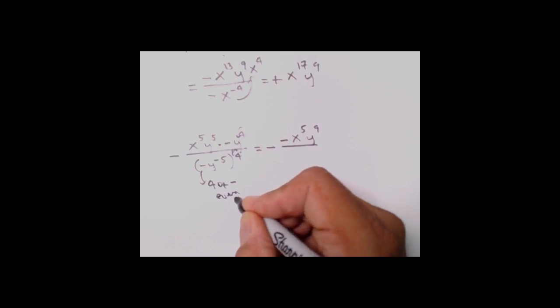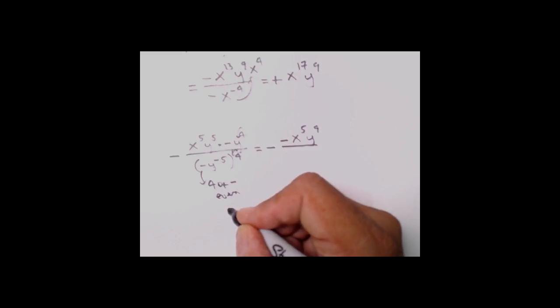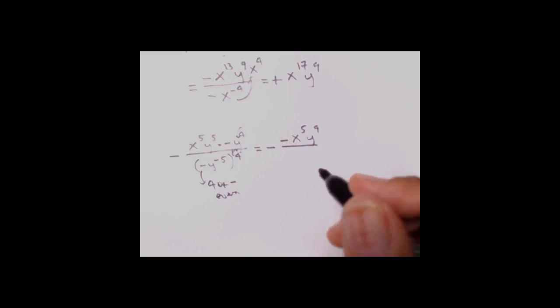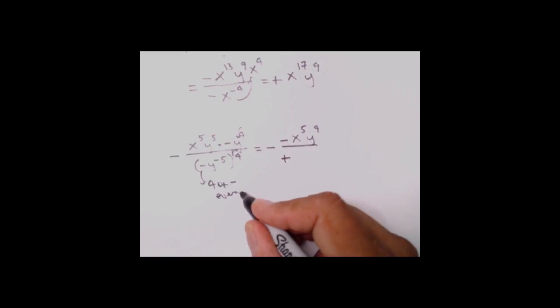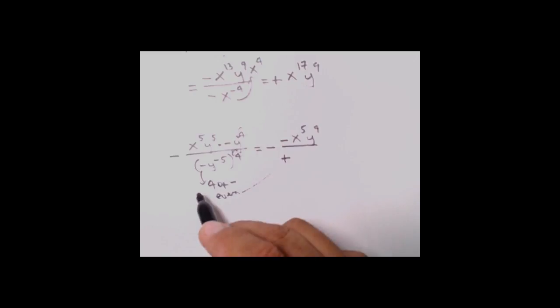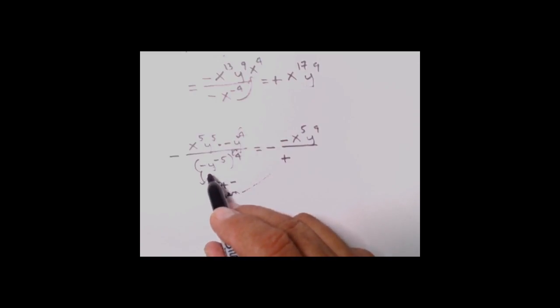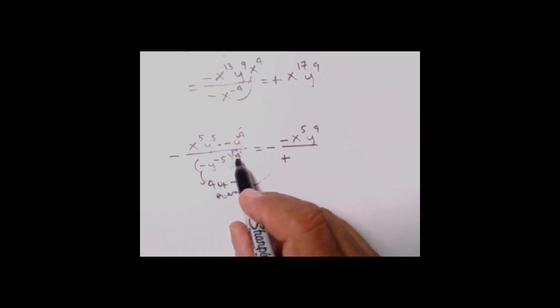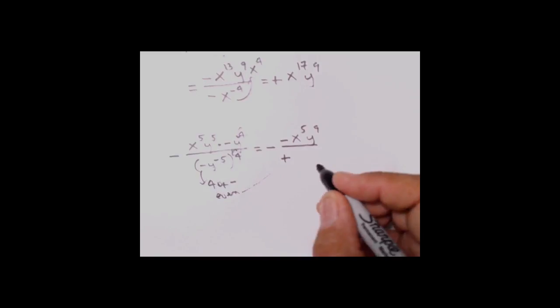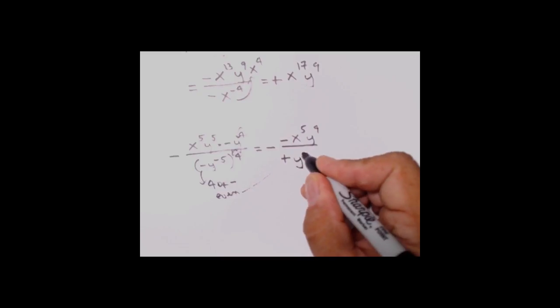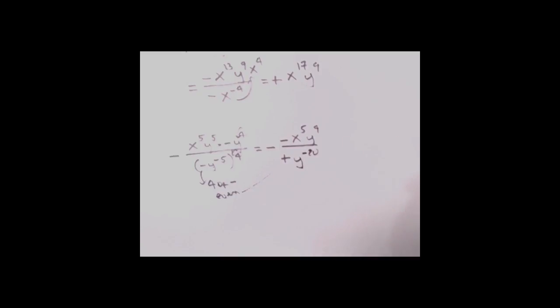An even number of minus signs, we know, just gives us a plus. So that means we have a plus downstairs. That's where that came from. Now, the y's. Okay, we power to power, we have to multiply, so it's going to be y to the negative 5 times 4, y to the negative 20.